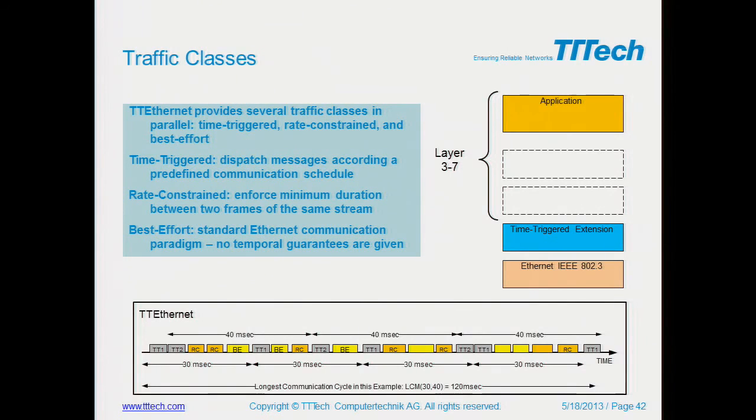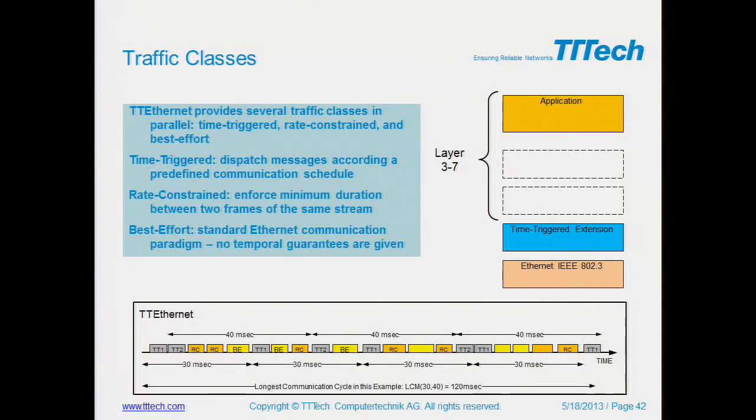So that is the way in which the TT Ethernet packages the messages. And you see that in between the time triggered windows, there are things that can occur whenever, right? So these slots are assigned to communications that belong either to the rate constraint or to the best effort model.